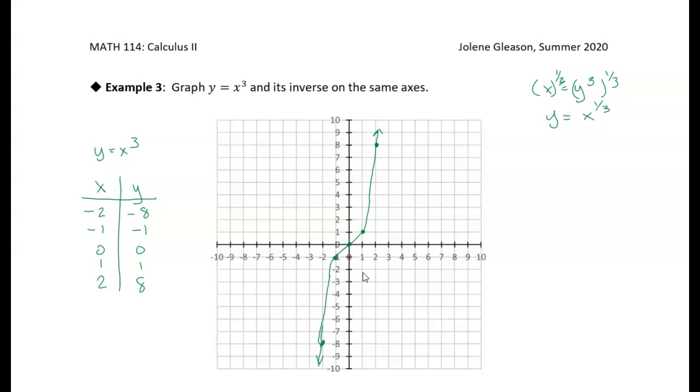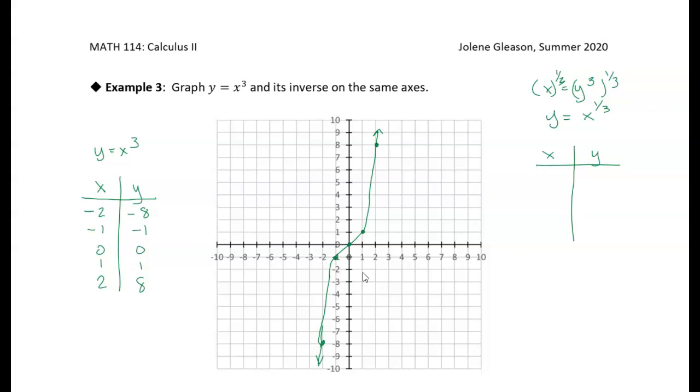So let's make a little table of x and y for that. Now I'm not going to choose my x's so randomly this time. If I choose 0 and 1, that's pretty easy to take a cube root of, but if I choose the cube root of 2, I have to get out my calculator, and I don't feel like getting out my calculator.